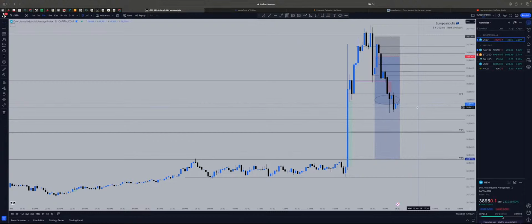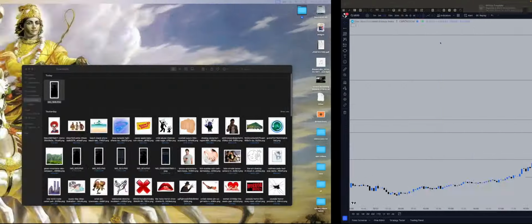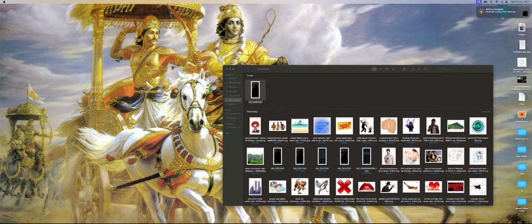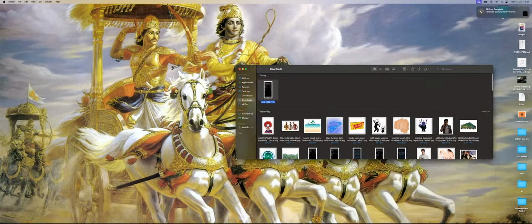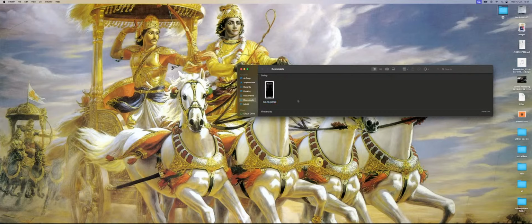Let me AirDrop it to my Mac. All right, so now you can see the trades. I'll share it with you.